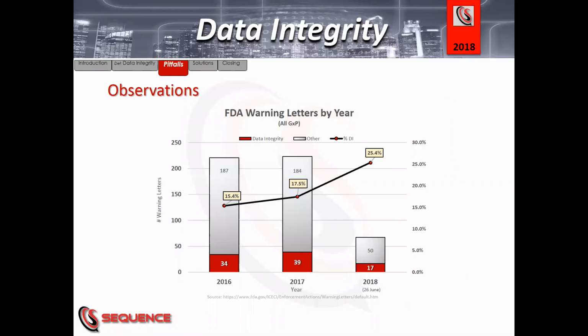Over a quarter of the GXP warning letters that have been sent this year have data integrity issues. If you're in a GXP environment and the FDA is going to audit you, and you're considering that 1 in every 4 questions would deal with data integrity, that should tell you why you care about data integrity right now.